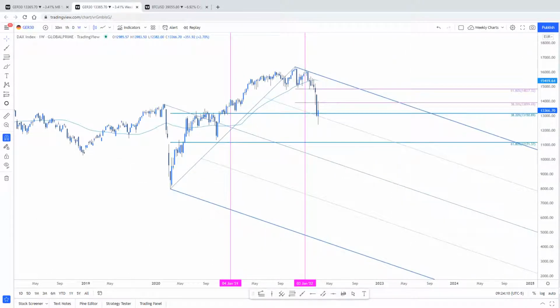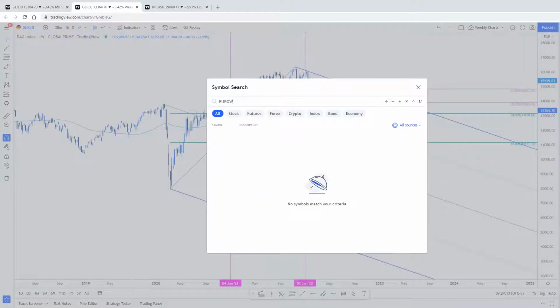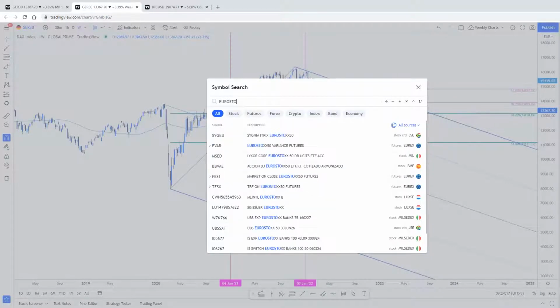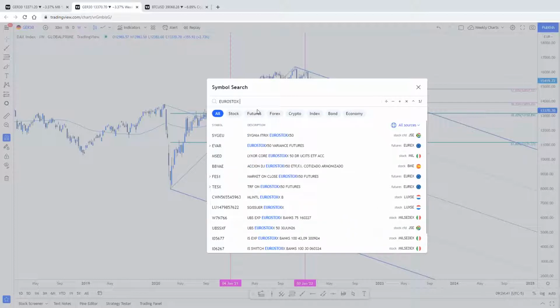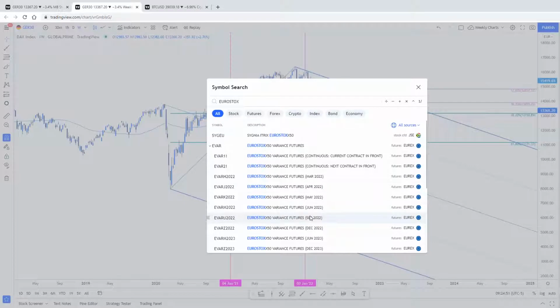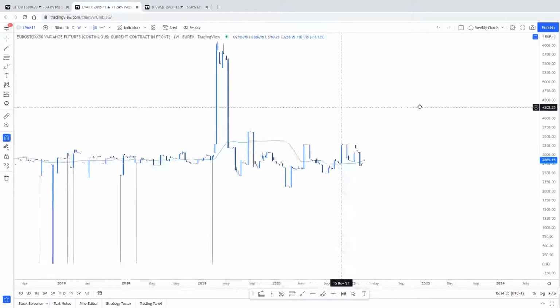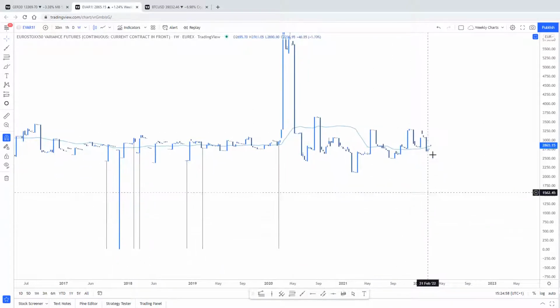What about the Euro stocks there? What's the ticker you're using for that one? If we just take the continuous contract, that's not the right ticker.